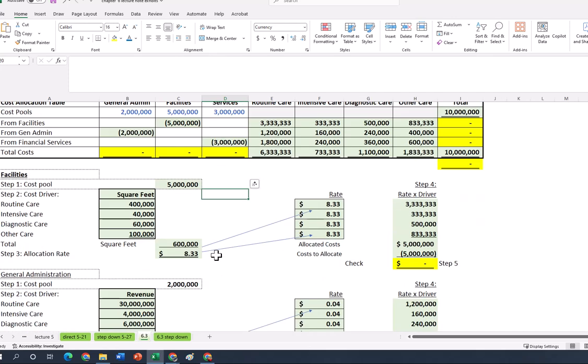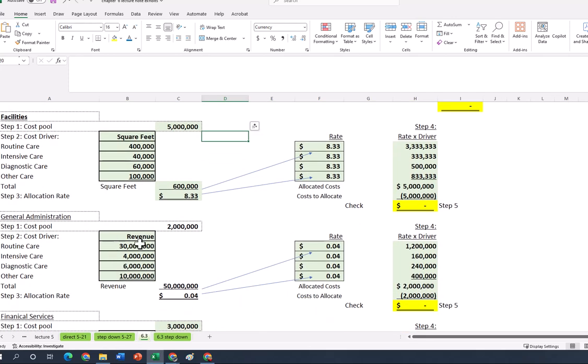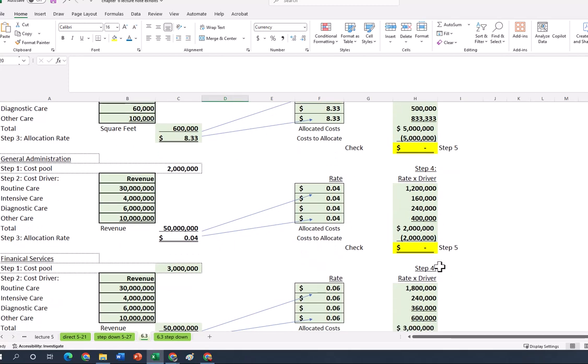So again, we're just doing the same thing for each of these others. We're linking to the cost pool. We're linking to the driver. We're totaling the driver. We're creating the allocation rate. We're applying the allocation rate to the individual drivers. We're totaling it. We're accounting for what we wanted to allocate, so it nets to zero.